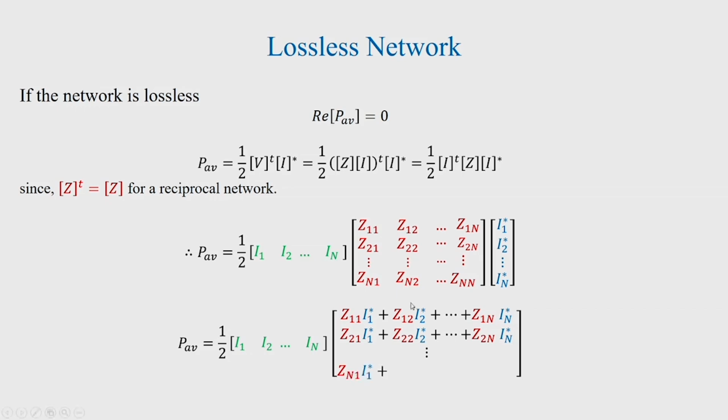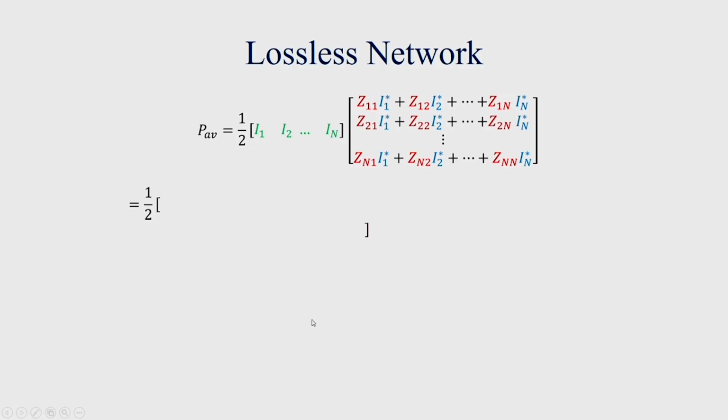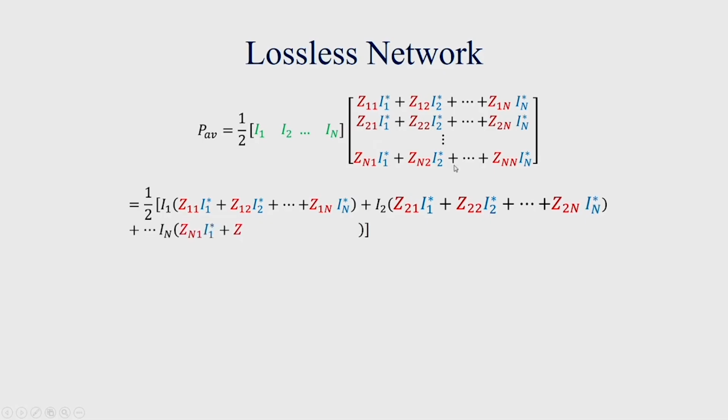Once we find this matrix product, we can put the average power expression in this form, and starting from this form, if we now find the product of this row with this column, we can write the expression for average power in the form shown.